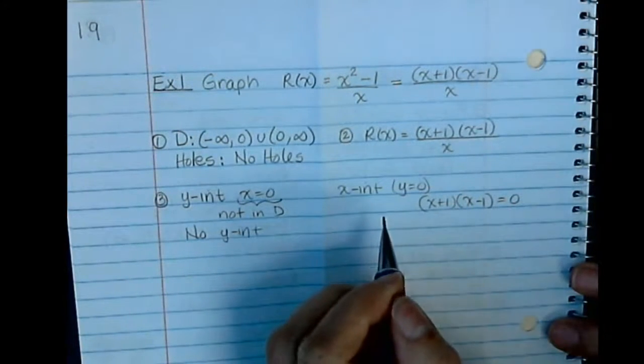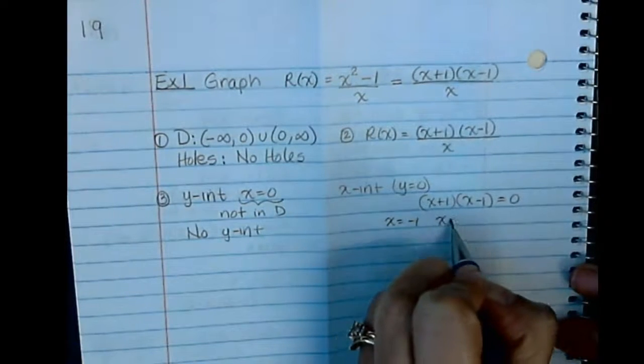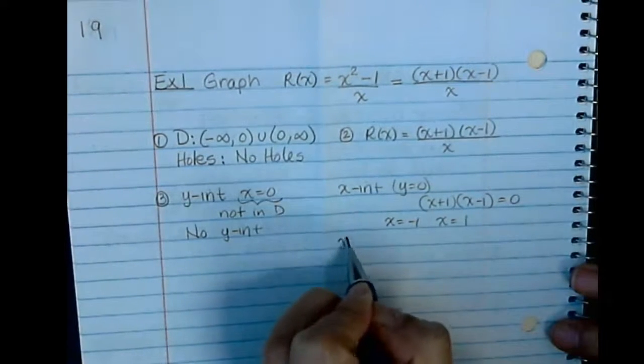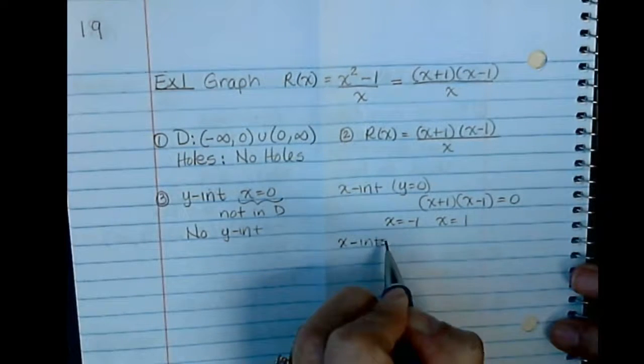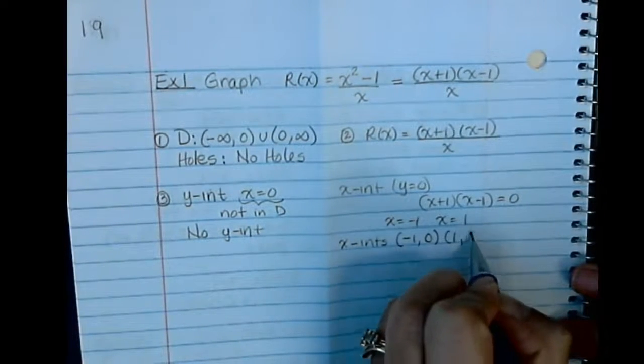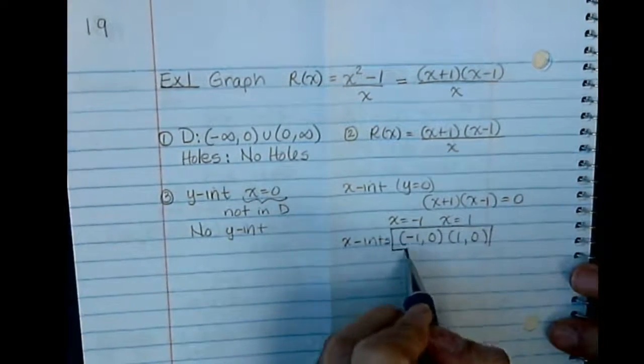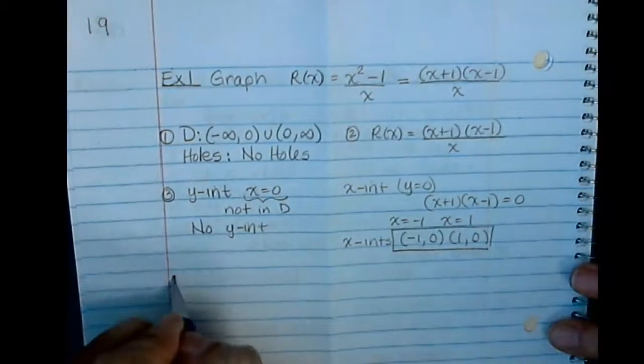And we solve those. Solving, I find that x is equal to -1 and x is equal to +1. So we have two x-intercepts. One of them is -1, 0, and the other one is at 1, 0. So these are points that we can put on my graph.